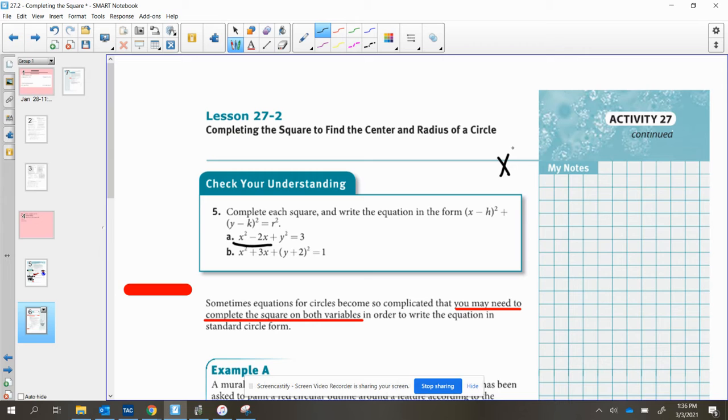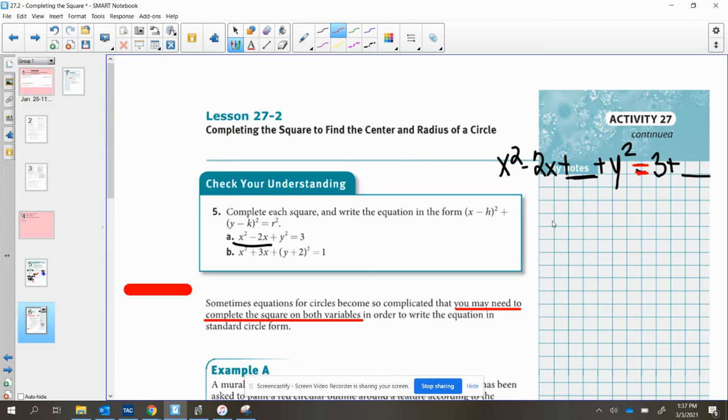So we're going to start by writing this so that we have the x's grouped together, and we know we're going to have to add in a blank to help us factor. Again, the y squared does not need to be factored on this one, and right now it's going to equal 3. And because we're adding something to the left, we're also going to add it to the right to keep this equation equal, right?